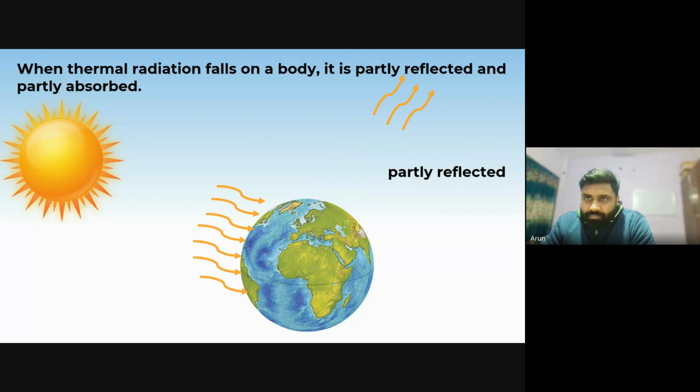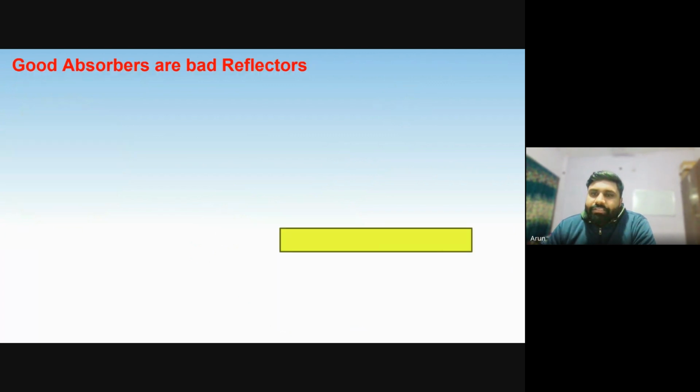But we have established a body which is termed a black body. It is called a black body that absorbs all the types of radiation falling on it and emits all the possible radiation. We will discuss that later.